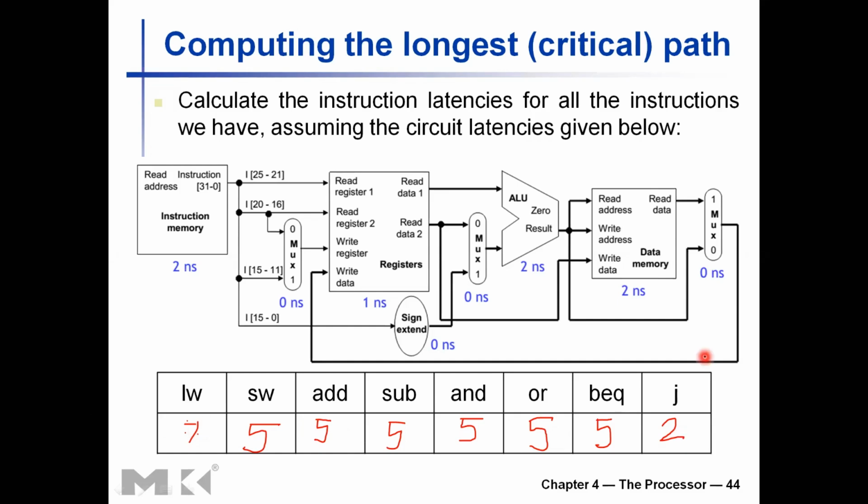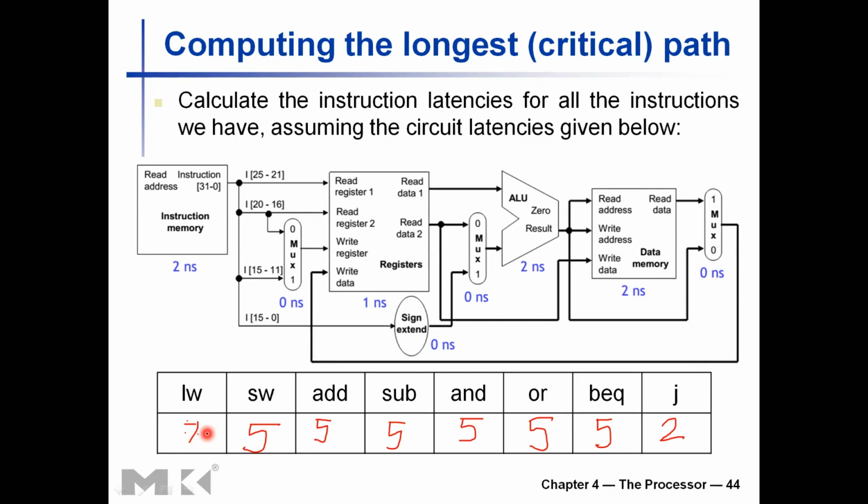So they have different time requirements, but since our implementation is a single cycle implementation, we have to go with the largest value, right? We have to set the clock cycle based on the slowest instruction, which is load word, and set our clock period based on that.